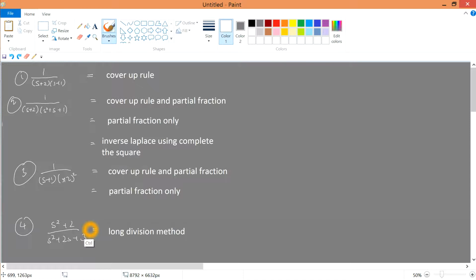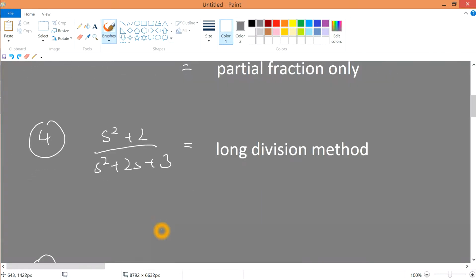If it's one function and if the order is the same as the bottom one or even higher, then you're going to use the long division method. That's the key concept I want to convey to you. Please remember this. If it's denominator one function, order higher than the denominator or equals to, then you use the long division method.